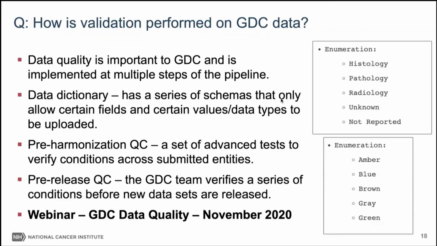So the basic ones here are first the data dictionary. Any data that comes into GDC goes past the data dictionary. You can see what the schema is, but the purpose of this is to only allow certain fields and certain values and data types for these fields into GDC.